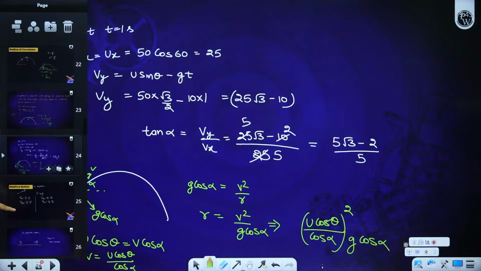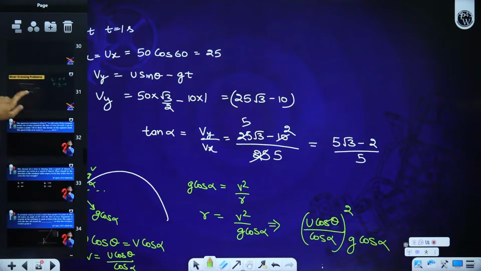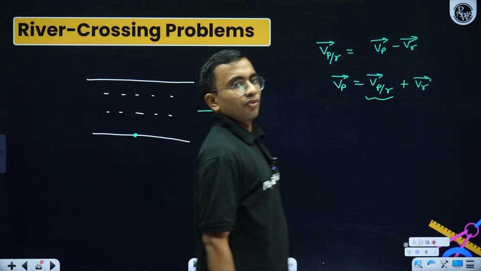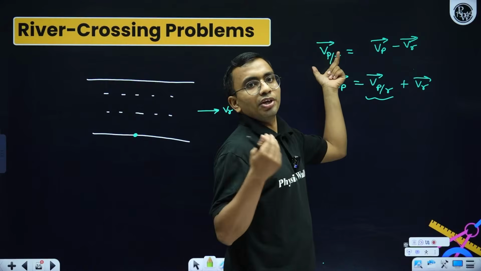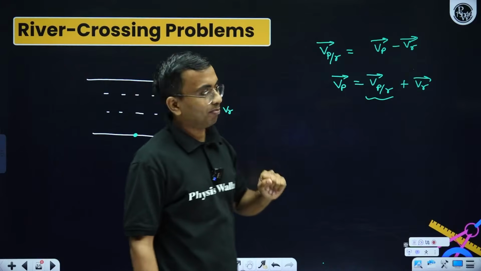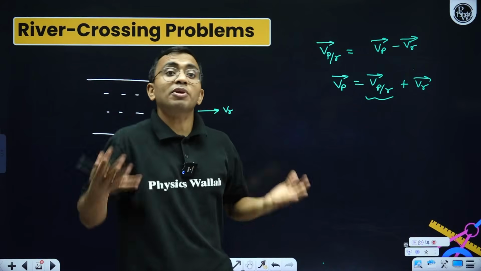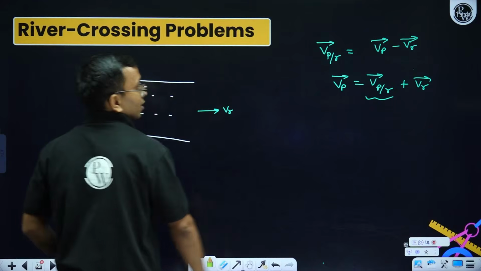Coming back to the river crossing here. So in river crossing, we are having the velocity of the person with respect to river, the ability of the person with which he or she can swim. Then we actually want to know in which direction the person is swimming. For that, what we need?